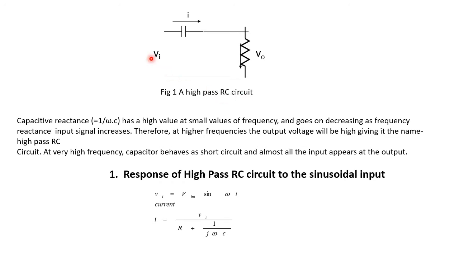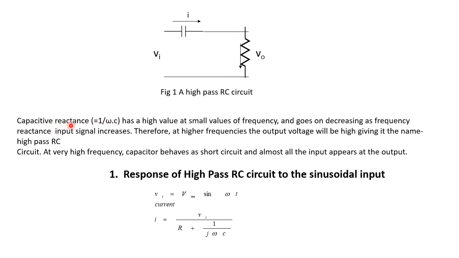We know that when an AC signal is applied as the input signal to this circuit, it has some frequency. Then the reactance of the capacitor is 1 upon omega C, where omega is the angular frequency of the signal. Suppose the frequency of the input signal is very low, that is omega is very low, then the capacitive reactance will be very high since it is appearing in the denominator.